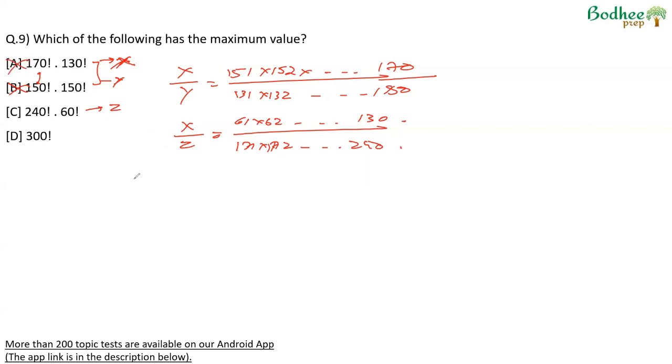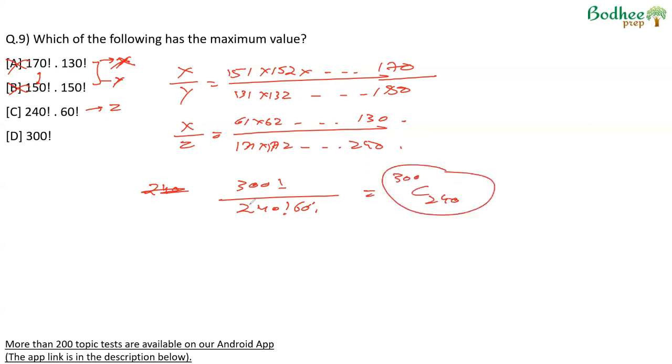Now, if we compare C and D, simply if we divide them, 300 factorial by 240 into 60. This can also be written as 300 C 240, which is a value greater than 1. So 300 factorial is greater than 240 into 60.